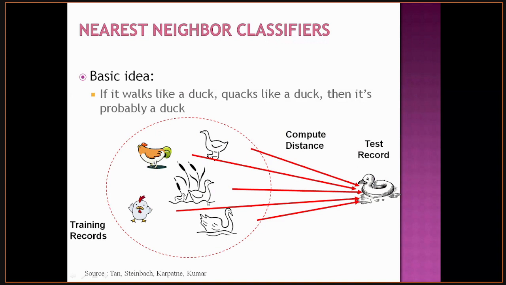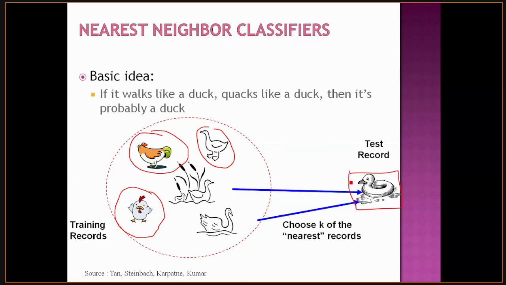Okay, and at the end, it figures out that, based on my two closest neighbors, and both these neighbors are basically ducks, it is expected that this is also a duck.